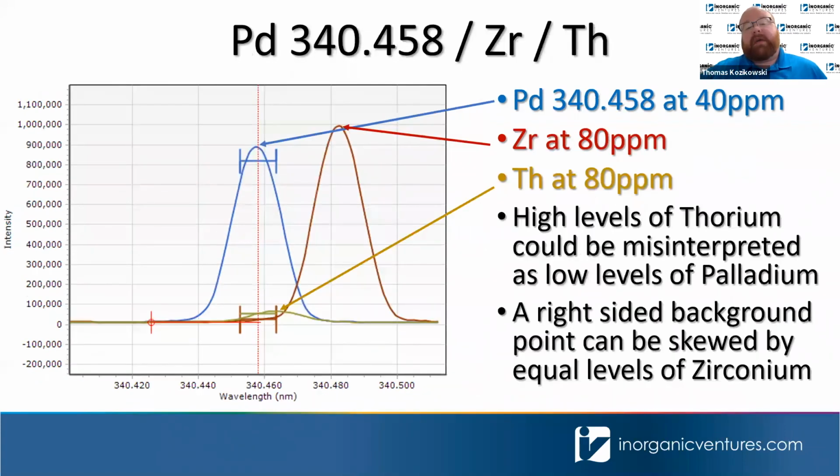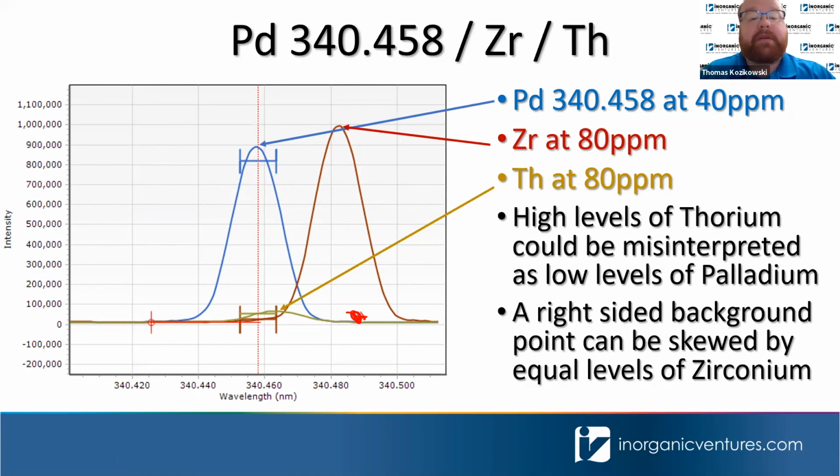For the palladium, this one I have 2 interferences. So the zirconium is in red, and it's next to it, but close enough to cause a different kind of issue. So I'm going to draw on here. If you were trying to calibrate on palladium, normally you would want to draw your background point here, and you draw the line, and everything would be fine.